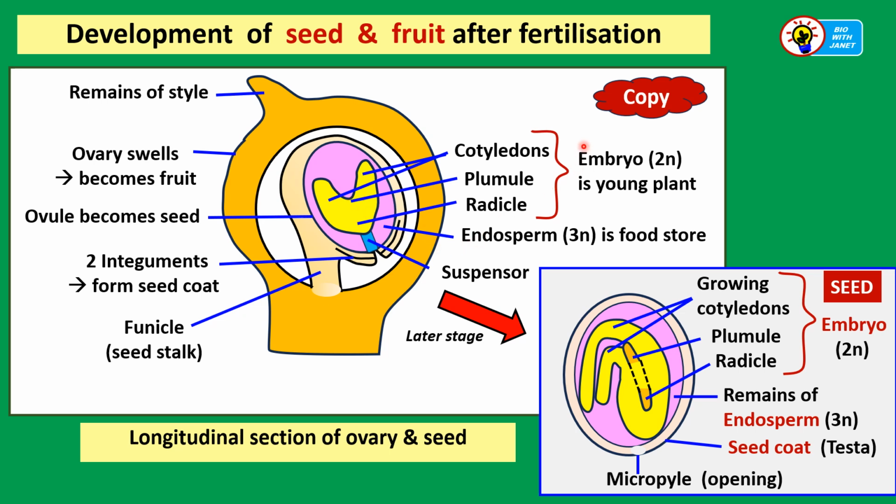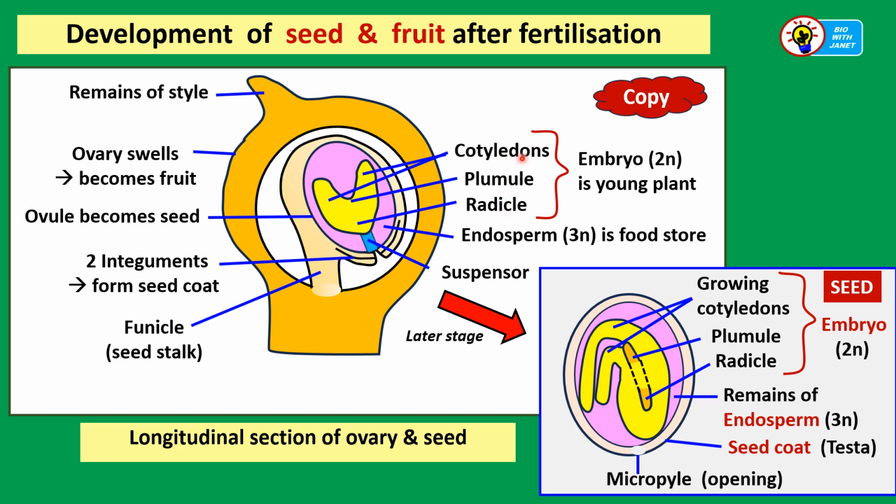Now, all these parts here have been discussed just now in the previous slide. So the embryo develops from the zygote, right? So the zygote undergoes mitosis to form the embryo, which is diploid, and the embryo will grow into the young plant. And the embryo differentiates to form three parts, the cotyledons, plumule, and radicle.